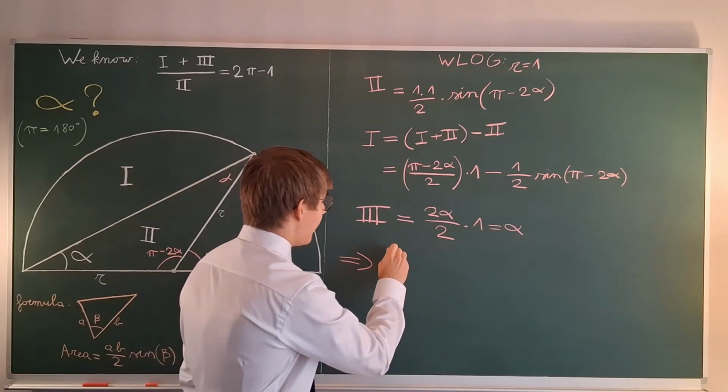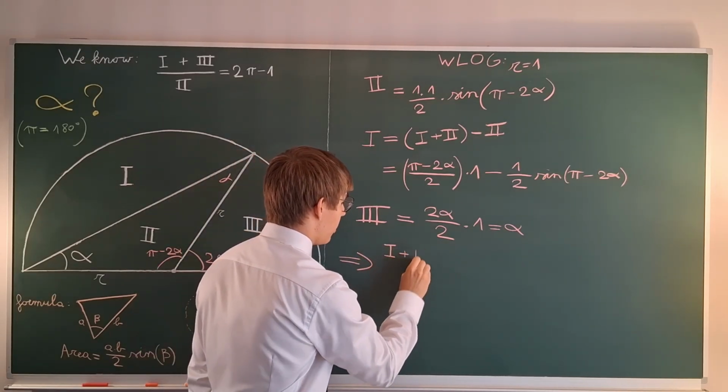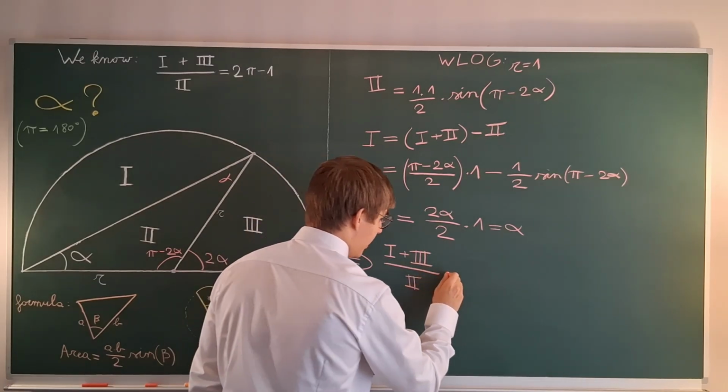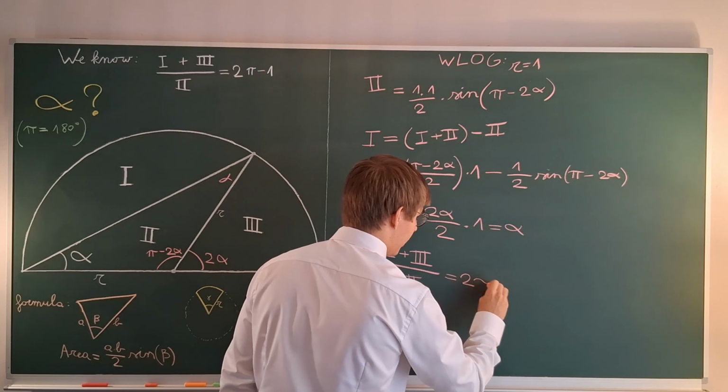We know that 1 plus 3 over 2 is equal to 2 pi minus 1.